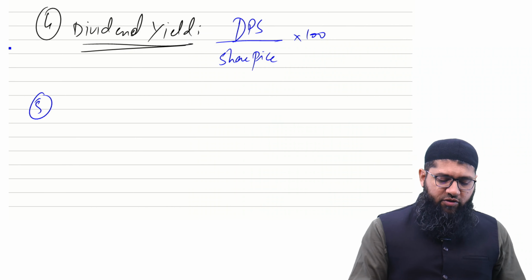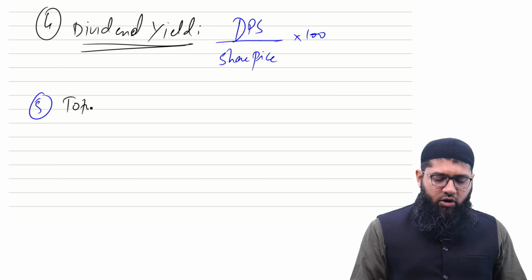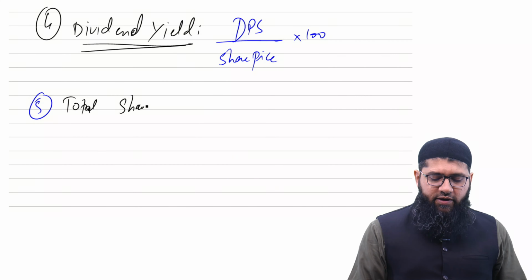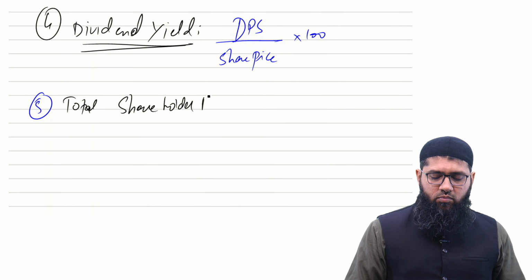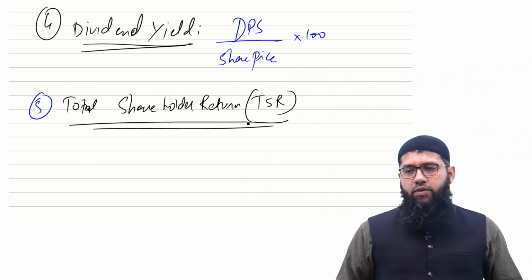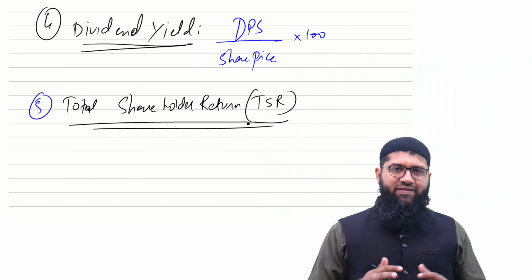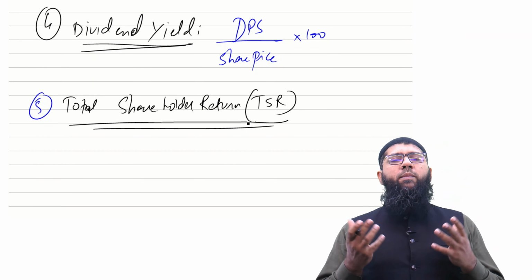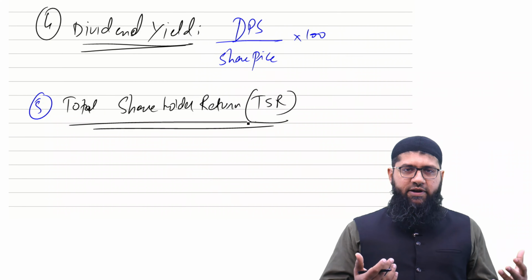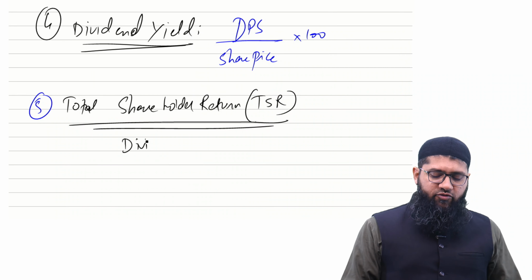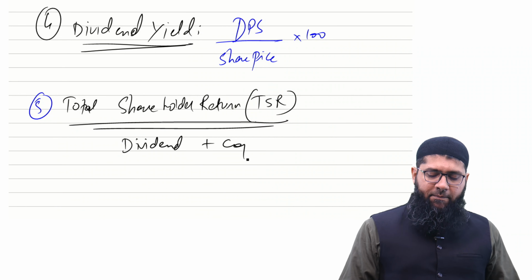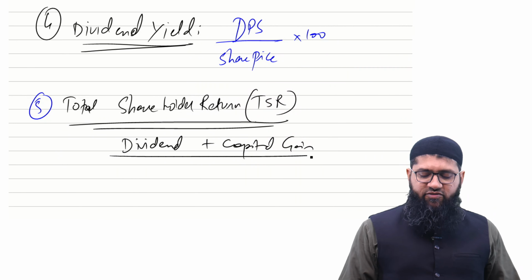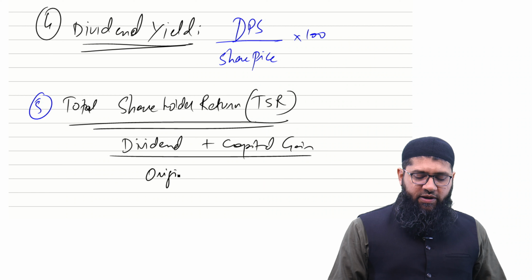Now there is this last ratio which is a very important ratio, and that's called total shareholder return. When we talk about the total shareholder return, the TSR, what exactly is it? Total shareholder return refers to how much return you are getting on your shares in the form of dividends and in the form of capital gains, because generally dividend plus capital gain is what you get as an investor, as a shareholder, divided by the original investment.